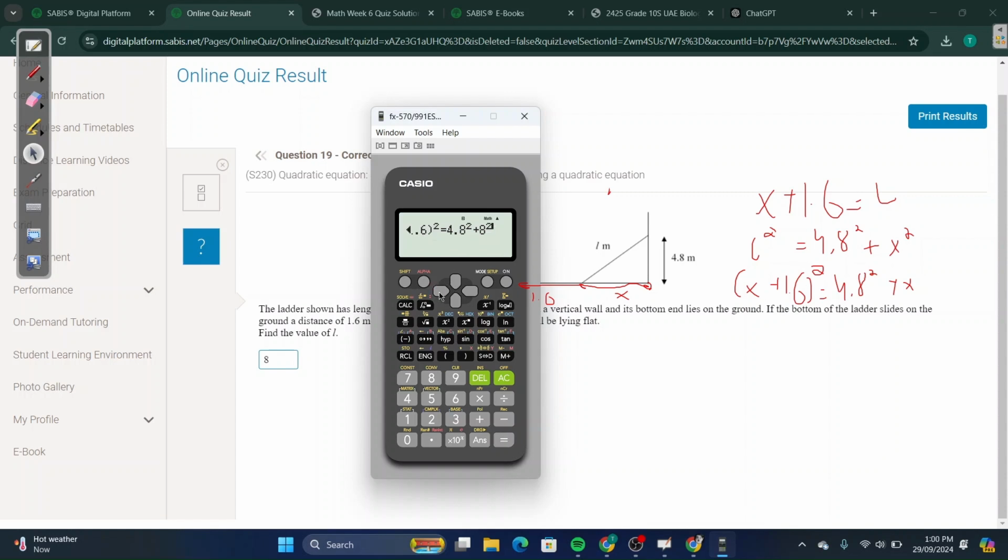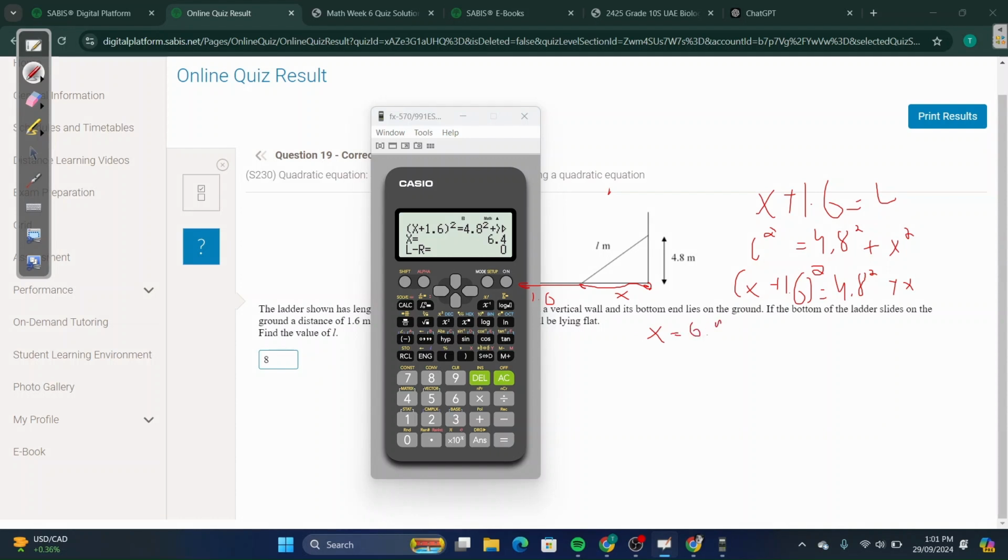Oh my god, my bad. Alpha, okay, to get x, shift calc equals. What did I do wrong now? Oh wait, no, that's right. I found this 6.4. Now x is equal to 6.4.